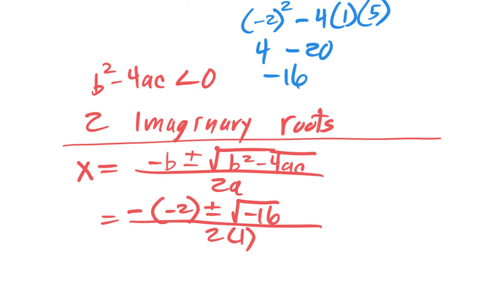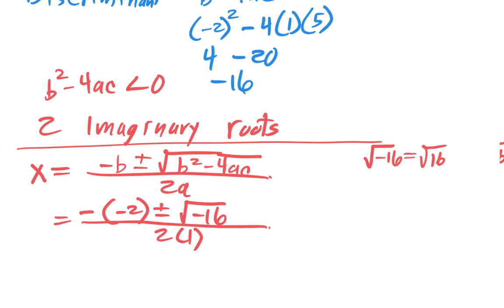So I'm going to come over here, and what did we say the square root of negative 16 is? So I'm going to rewrite that as the square root of 16 times the square root of negative 1. And we take the square root of 16 to be plus or minus 4, and the square root of negative 1 to be i.